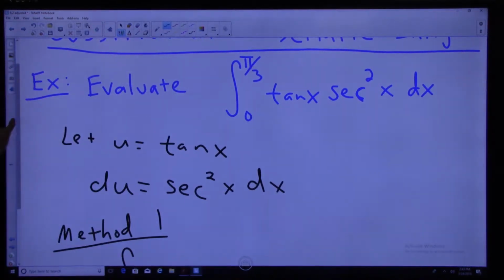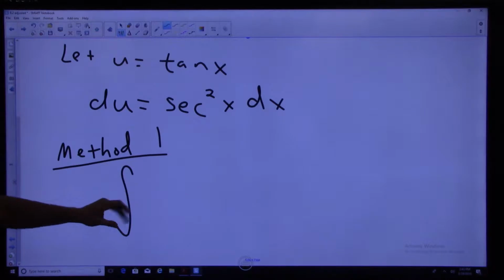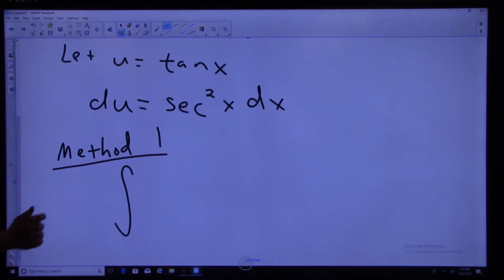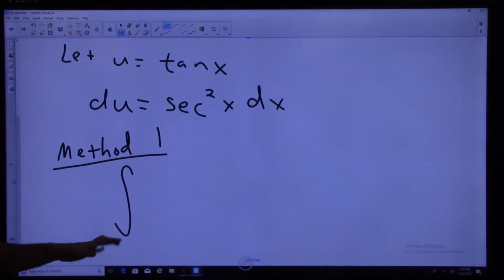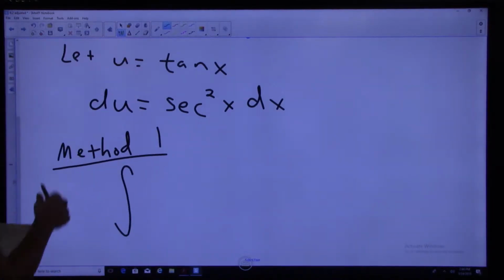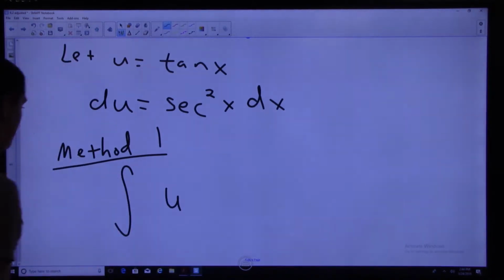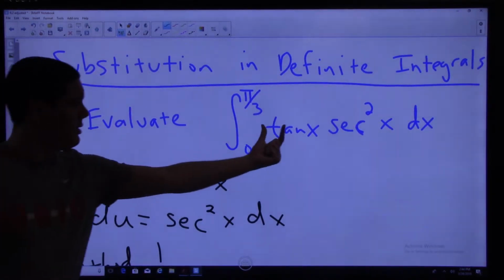I'm still going to write those x values, but I need to denote that they're x values, because now we said u is equal to tangent of x, so it's the same thing as u times this guy right here.